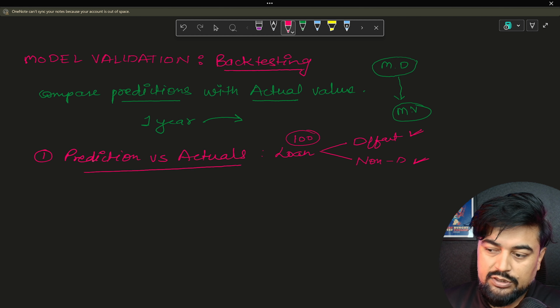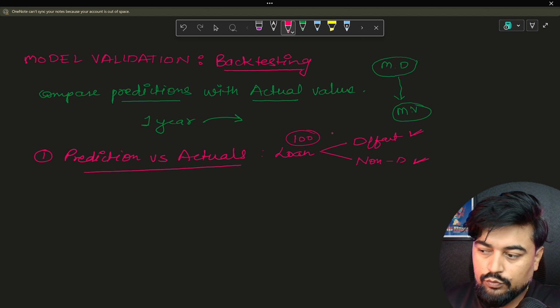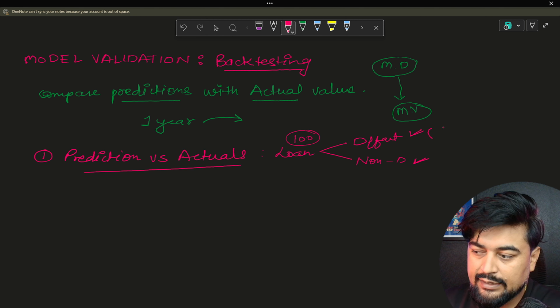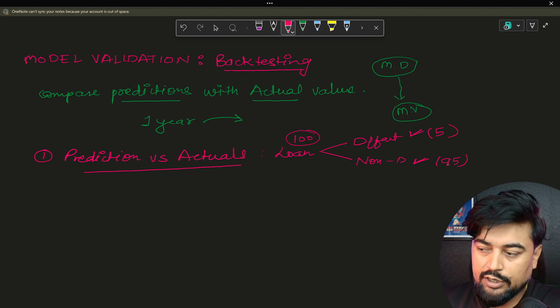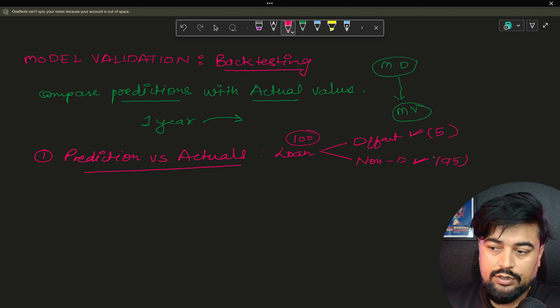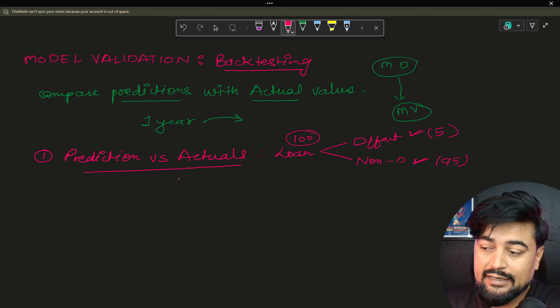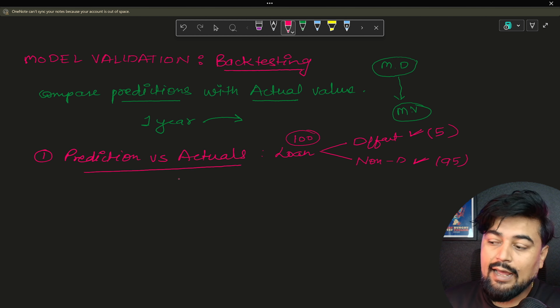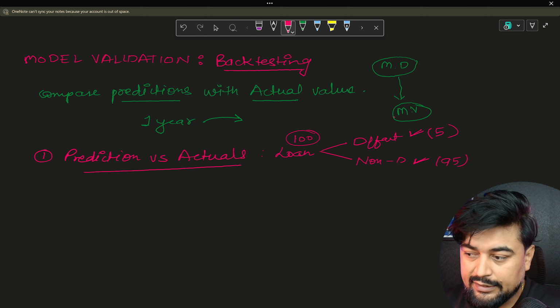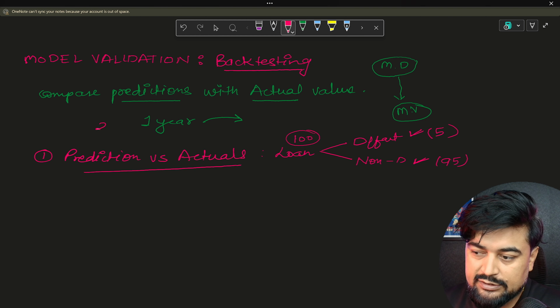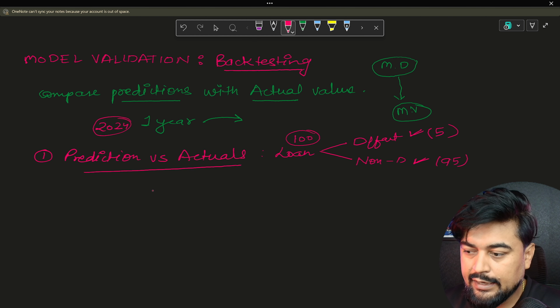Now using the prediction, let's say out of 100 you say that 5 will default and 95 will not default. To check this, we compare the predicted default rate with the actual observed default rate. Let's say the model was built in 2024, and now I come to 2025.